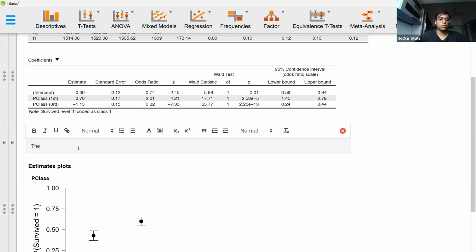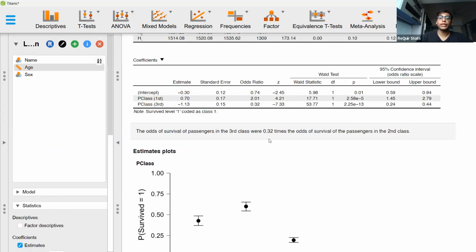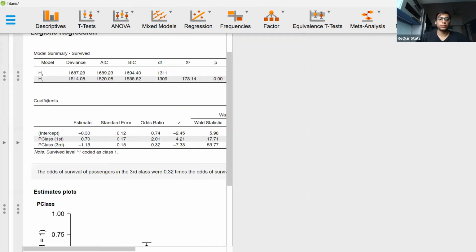So the odds of survival... So that is how we now interpret this difference.